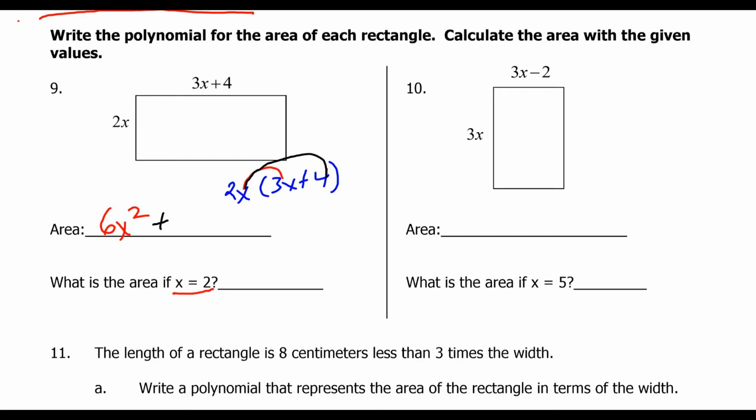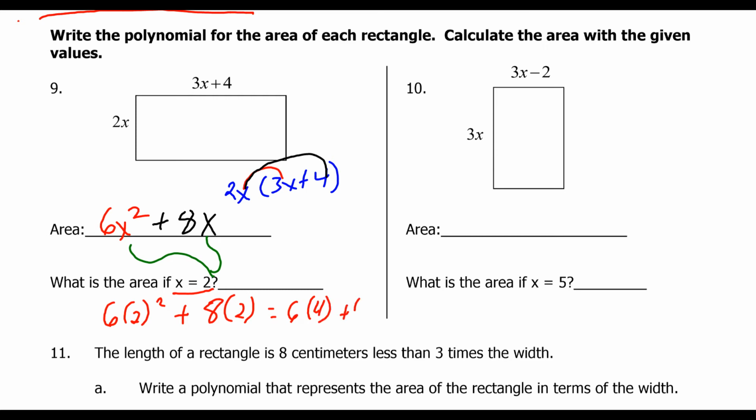So we're going to say 8x. And then it says to take 2 and plug it in. So we're going to go 2 into there and 2 into there. When we do that, we wind up with 6 times 2 squared plus 8 times 2, which is the same thing as saying 6 times 4 plus 16.